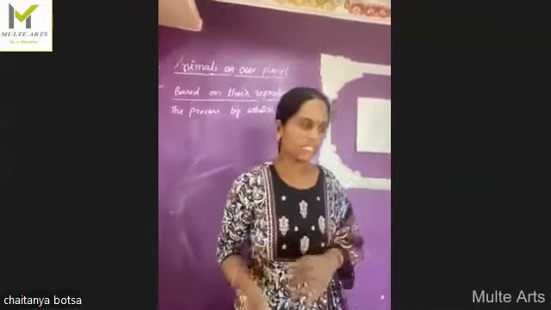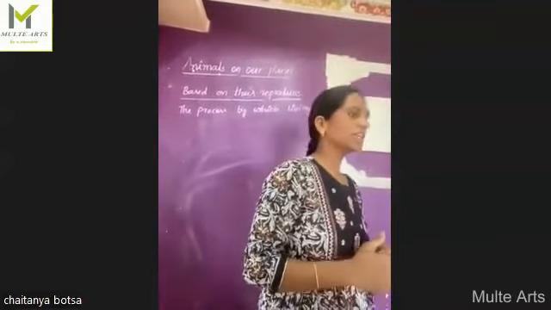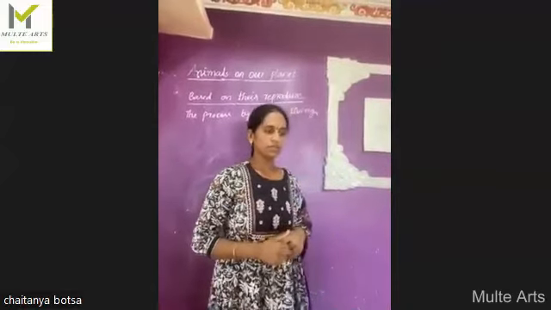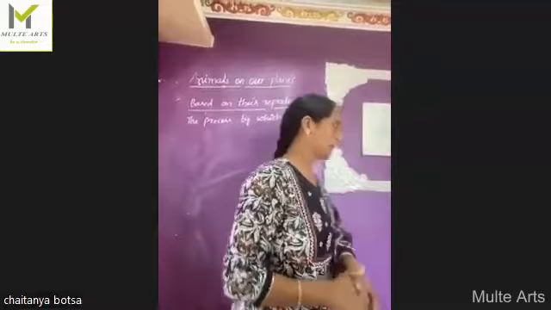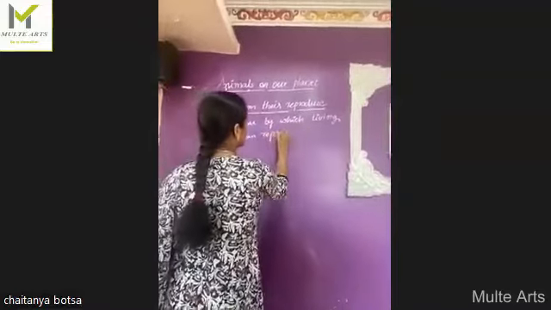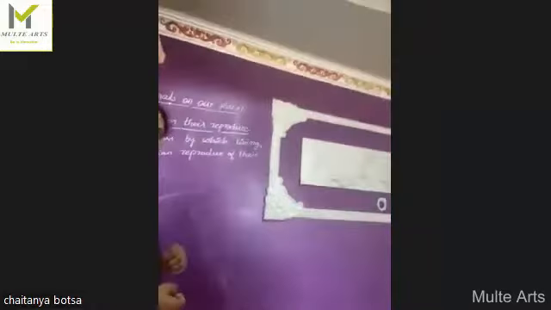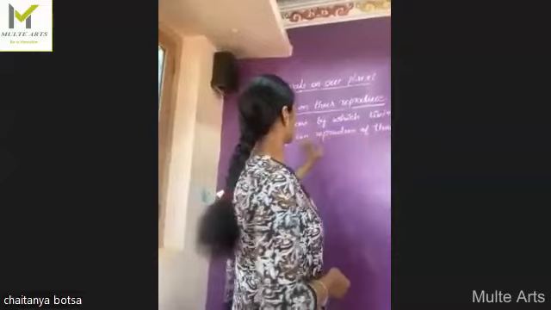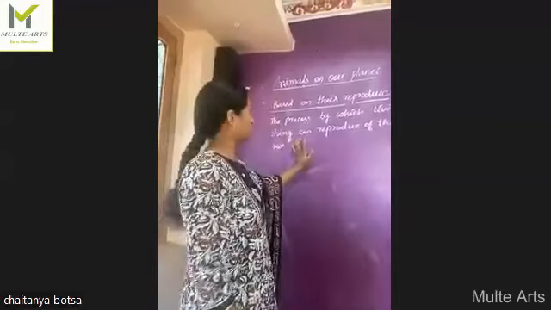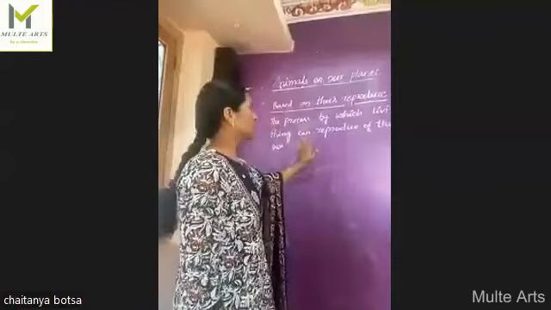The process by which living things give birth to their young ones, we call it reproduction. The young one of their own kind, we call it an offspring. The process by which living things reproduce their own kind, we call it reproduction.